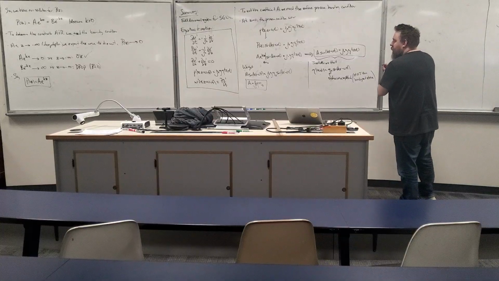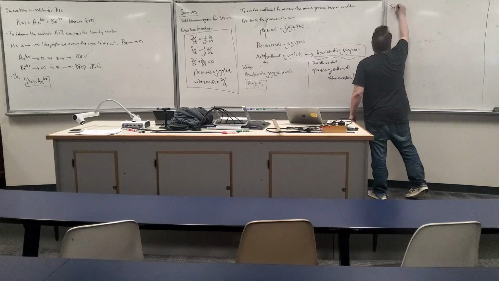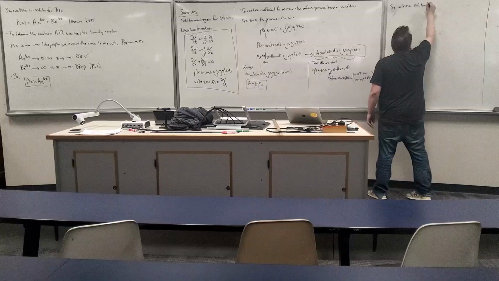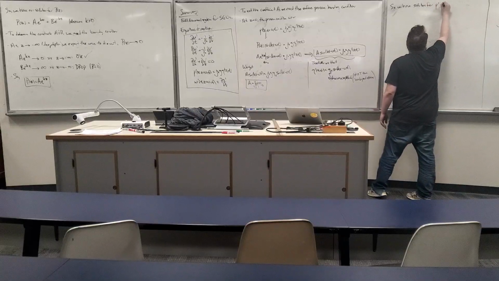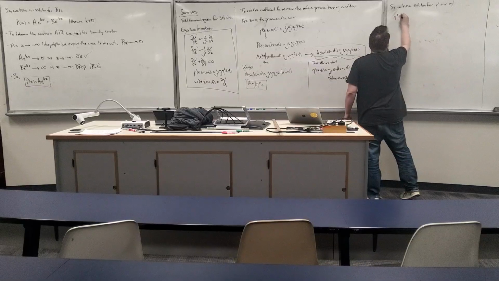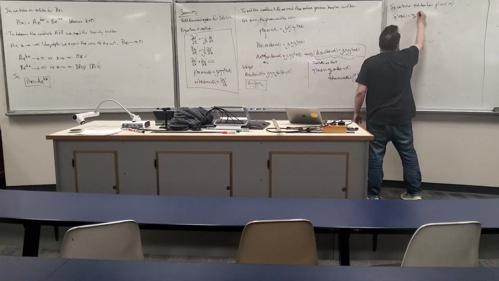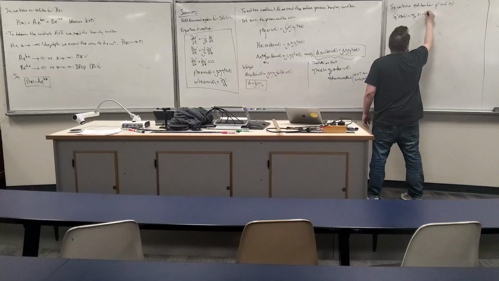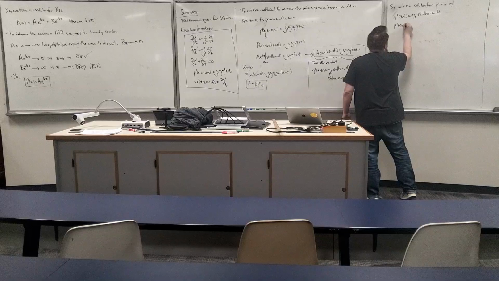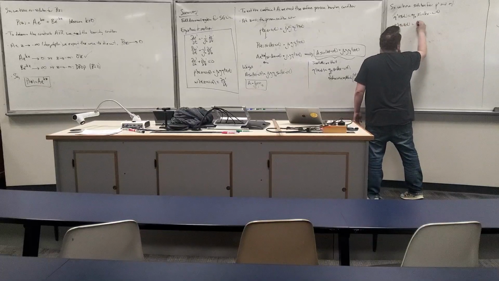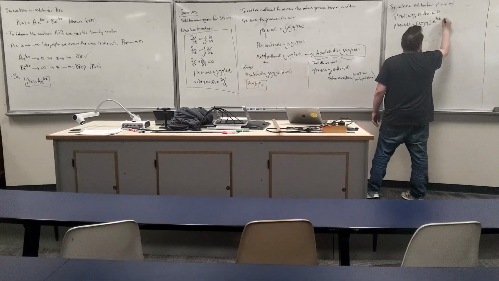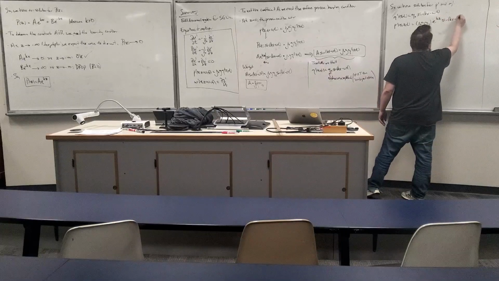But so we end up with solutions for p prime and eta prime. We have eta prime of x and t equals eta naught times sine of kx minus omega t, and p prime of x and z and t equals rho naught g eta naught times e to the kz times sine of kx minus omega t.